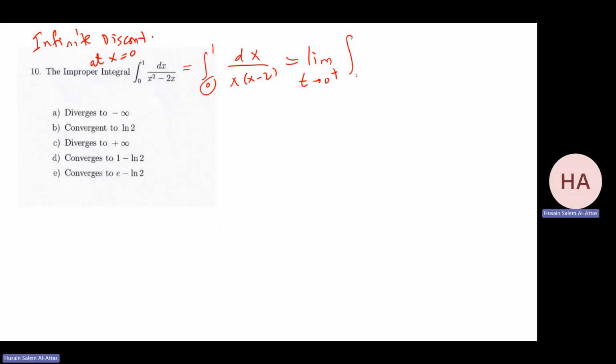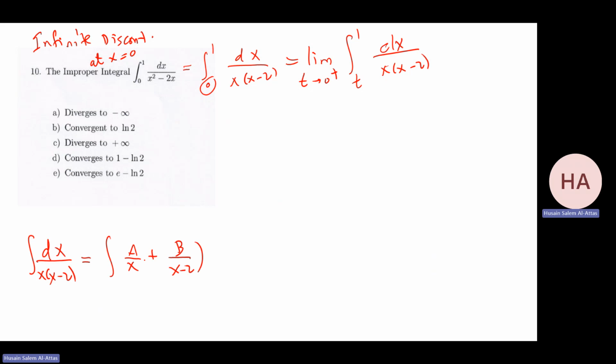It goes to 0, t to 1. This is dx over x minus 2. So what I will do, I'll do this integration. Now, what is that? That will be a over x plus b over x minus 2 dx. What is a?